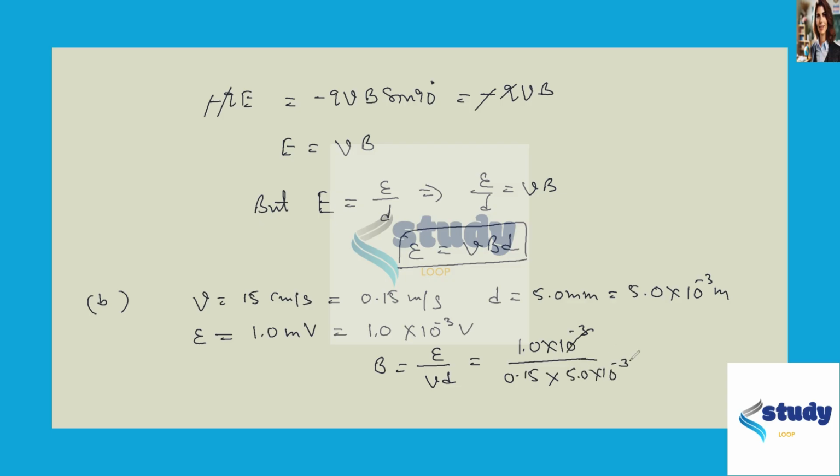So here this is cancelled. The magnetic field finally comes out to be 1.33 Tesla. So this much magnetic field is required in order to create 1.0 millivolt of potential difference.